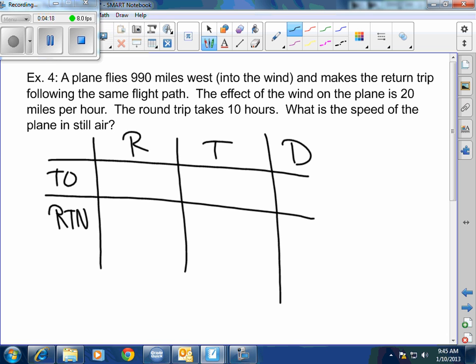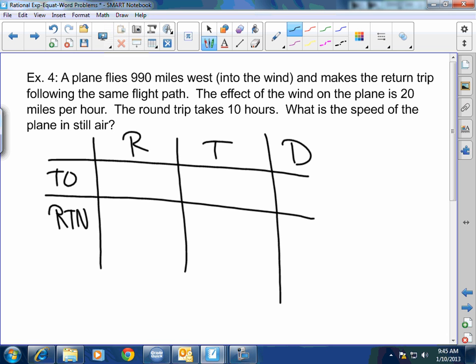I know the plane is flying 990 miles, so my distance is 990 for both the to and the return flights. When it's going to, it's flying against the wind, into the wind, and the wind is applying 20 miles per hour against its rate. So R minus 20. On the return trip, it's going with the wind, so it's R plus 20.